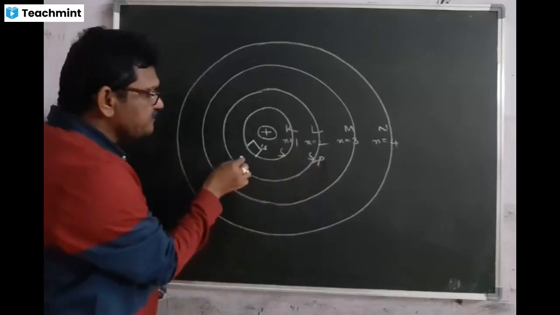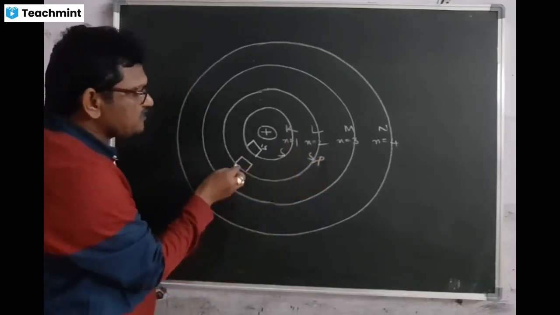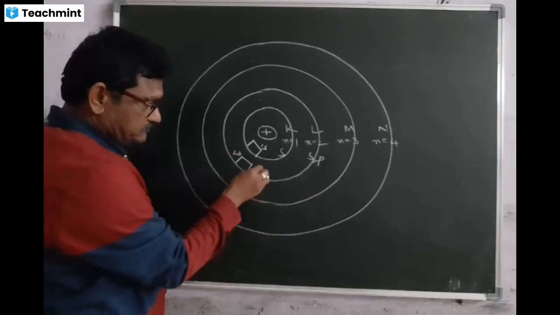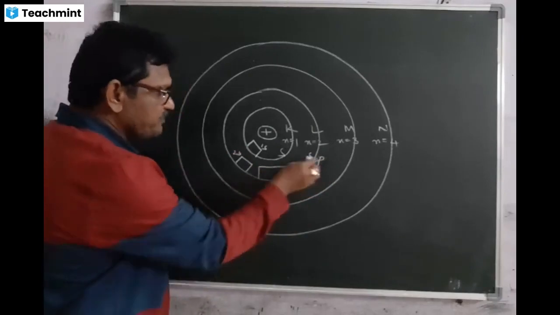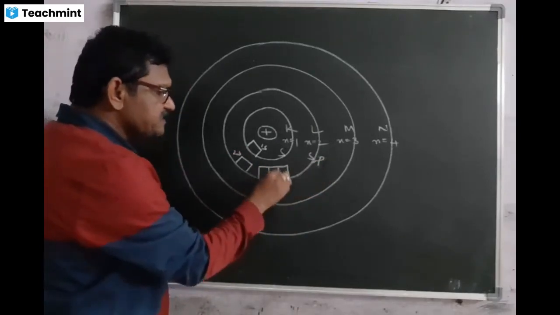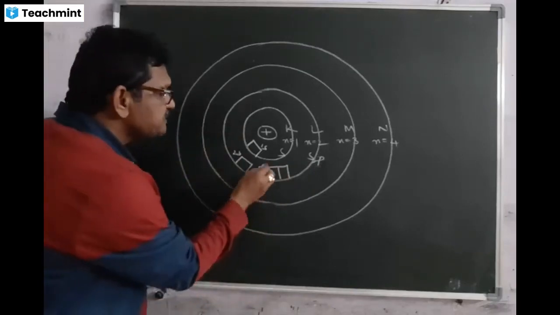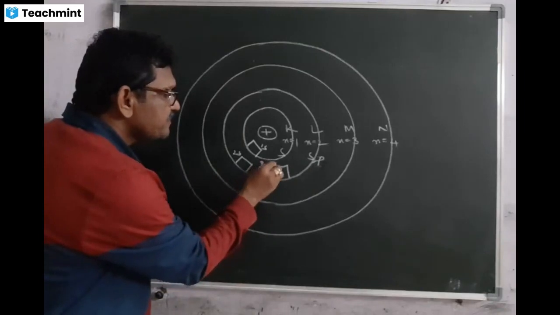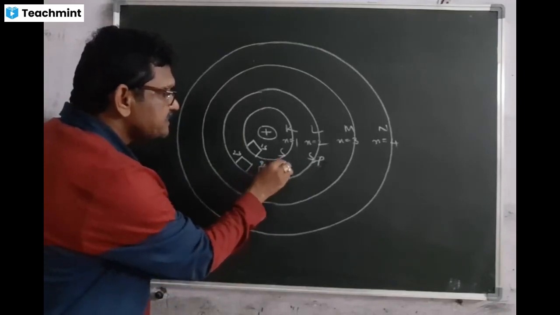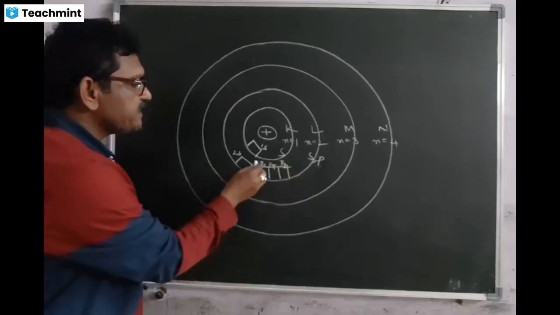So I want to show here, this is called 2s. And I want to show p. The p subshell contains how many orbitals? 3 orbitals. So this is px, py, pz. That's all. 2px, 2py, 2pz.